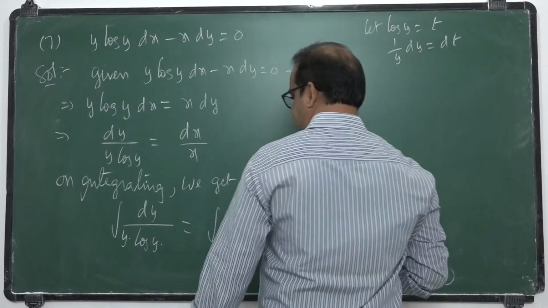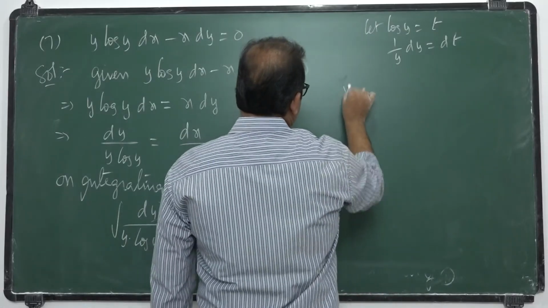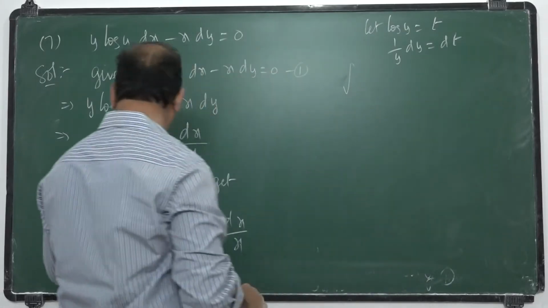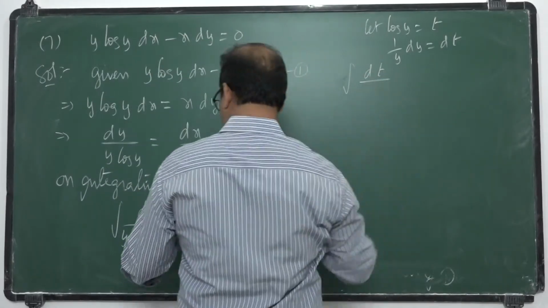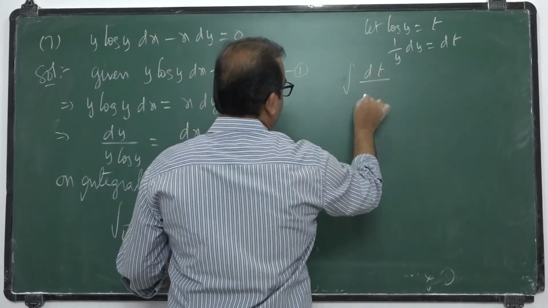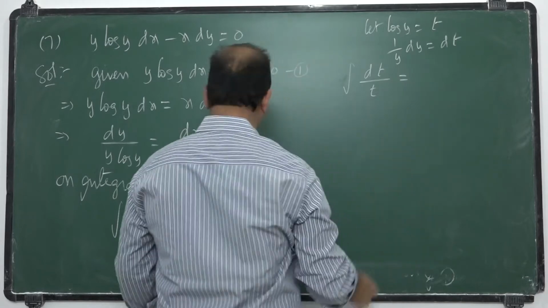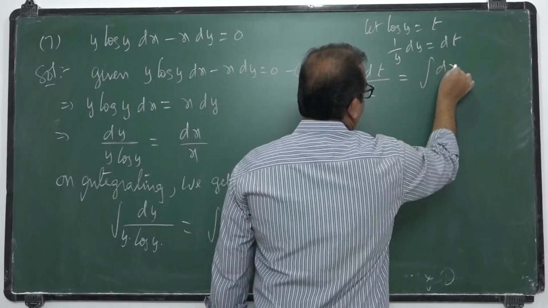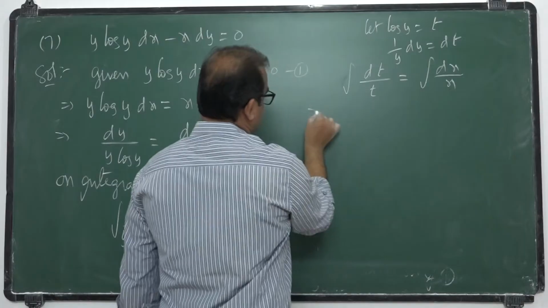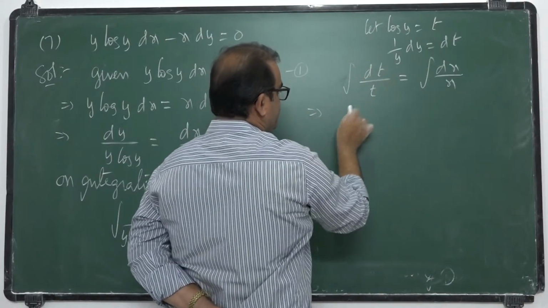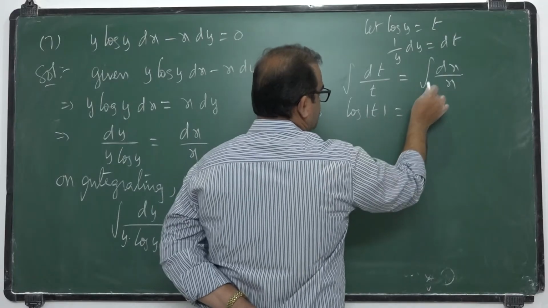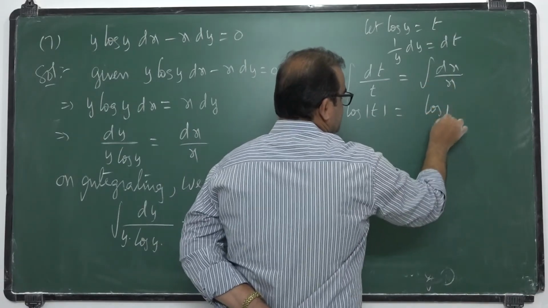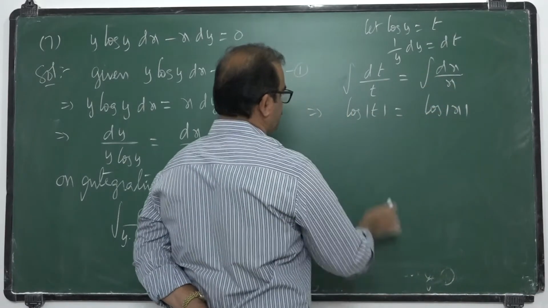Now LHS becomes integral of 1 by y into dy, that is dt by t, is equal to integral of dx by x. Integral 1 by t dt, that is log t, is equal to integral 1 by x dx, log mod x.